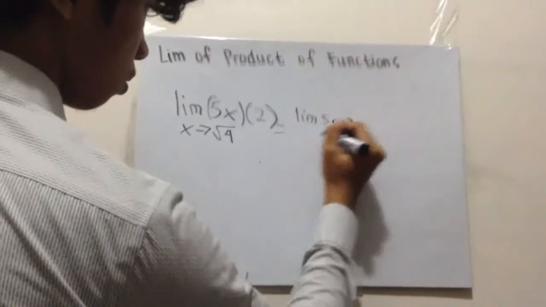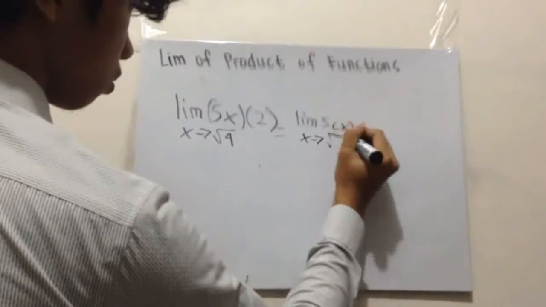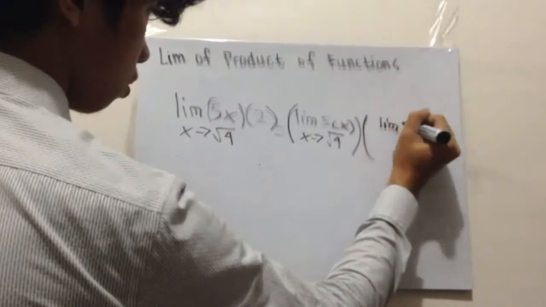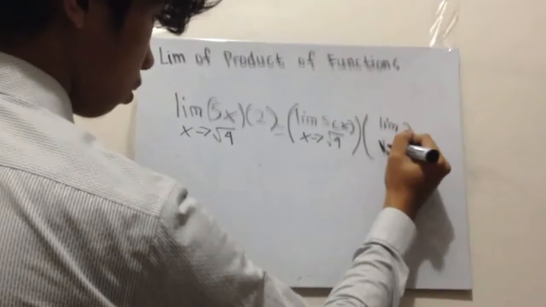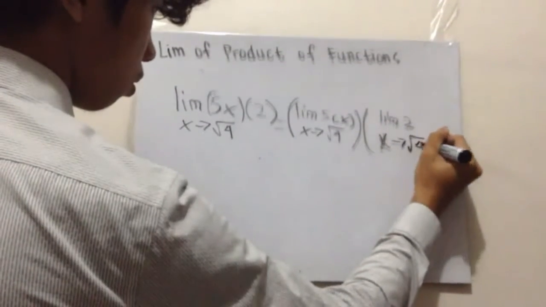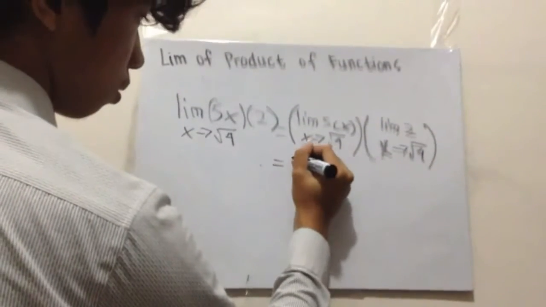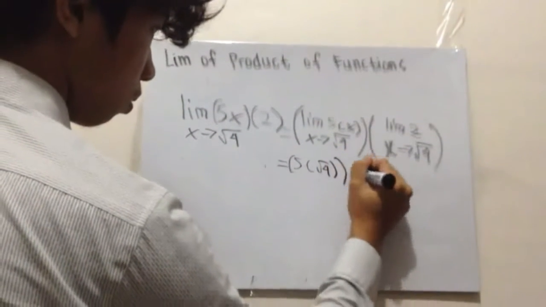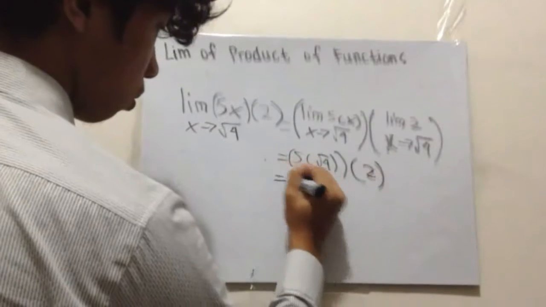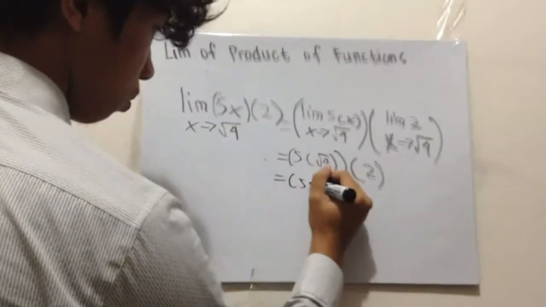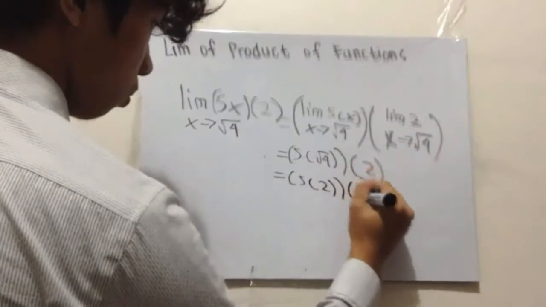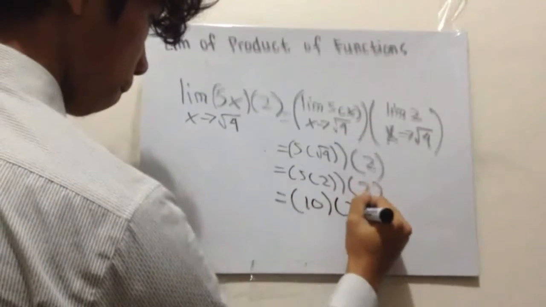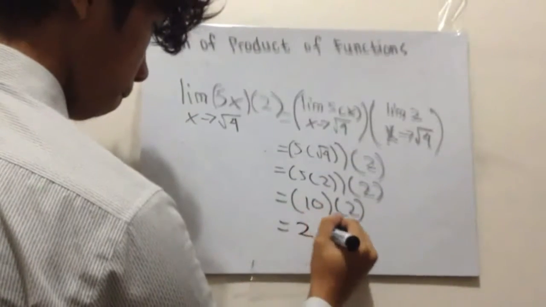The limit of 5x as x approaches the square root of 4 multiplied by the limit of 2 as x approaches the square root of 4 is equal to, substitute x with the square root of 4. Now in this part, the square root of 4 is equal to 2. So 5 multiplied by 2 times 2. 10 times 2. And the final answer is 20.